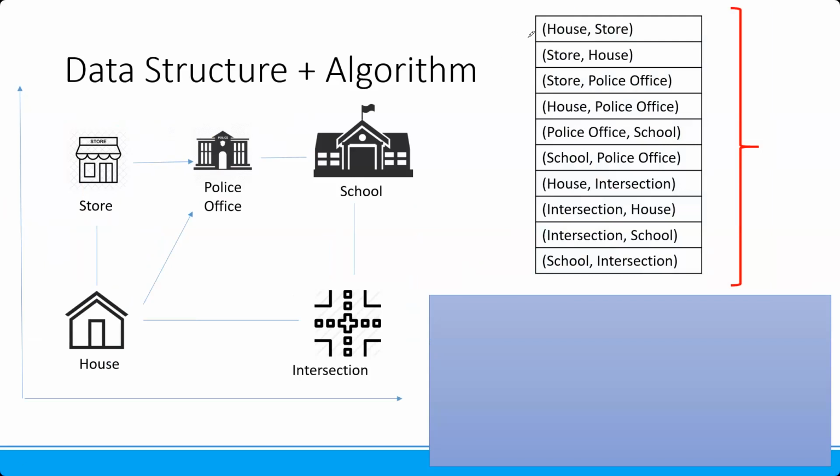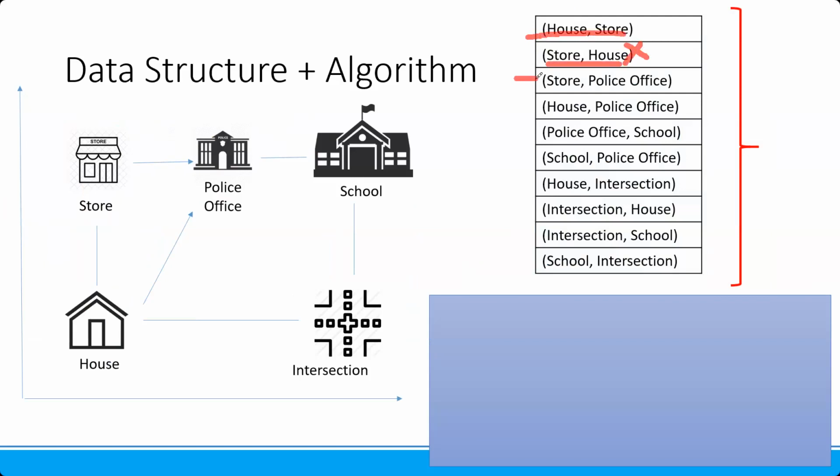Okay, from house to store, I can find this one. Then next, I need to check from store to police office. If I go from store to house, then it is a detour, or we return back to the home page. It means I cannot choose this one.